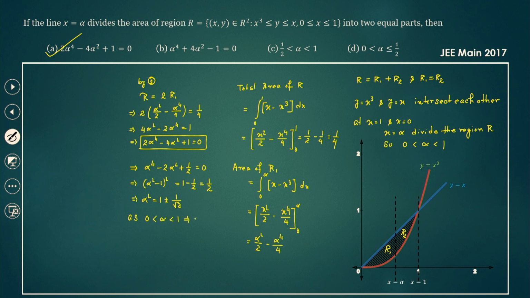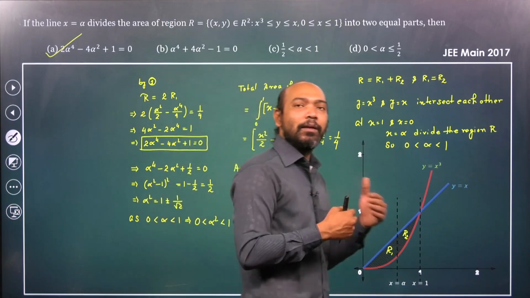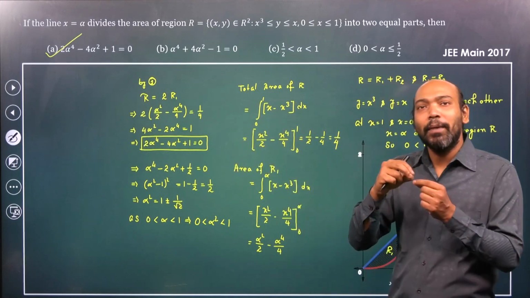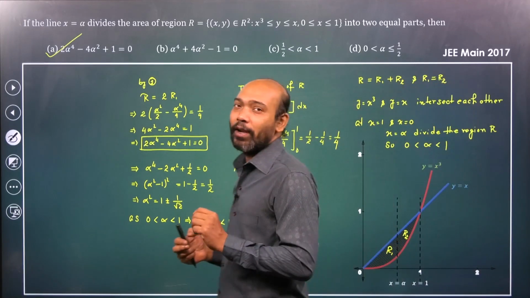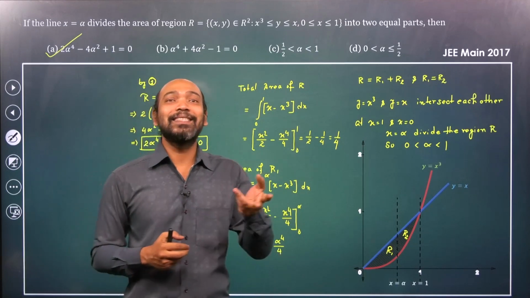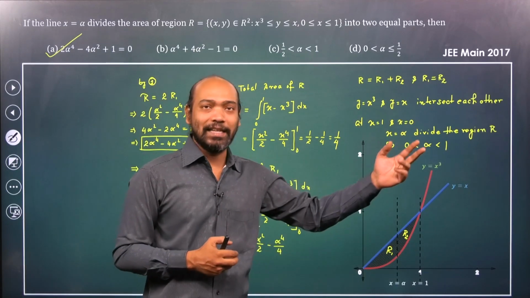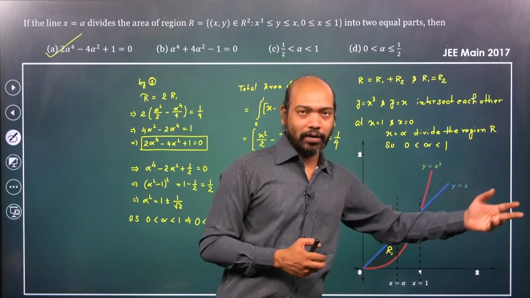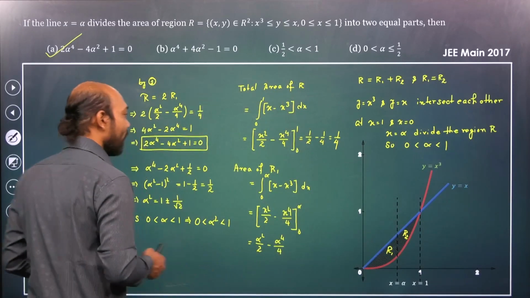That implies 0 less than alpha square less than 1 as well, because if the value is between 0 and 1, obviously the square becomes even smaller. See, it's 0.5. What is 0.5 square? It is 0.25, so it will not increase. But if alpha is greater than 1, alpha square will become bigger, so in that case we are not able to make any conclusion.